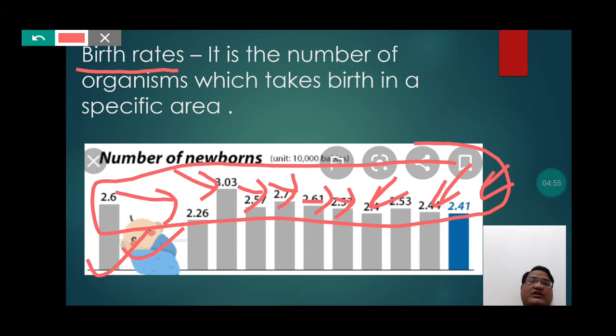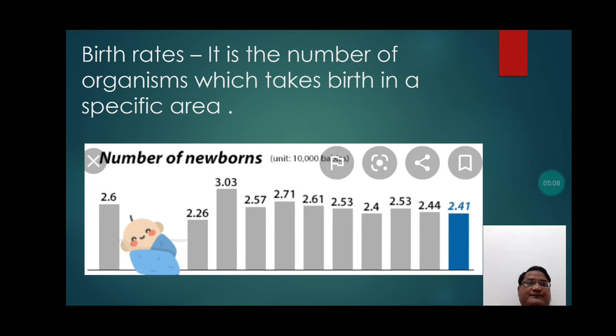So students, the total number of newborns in a particular area in a particular period of time is called the birth rate.